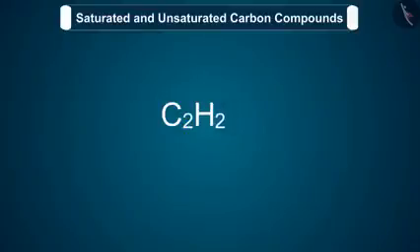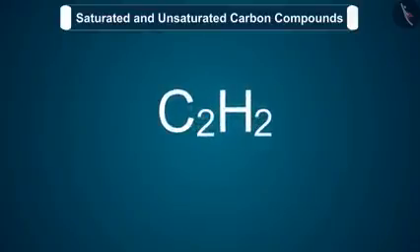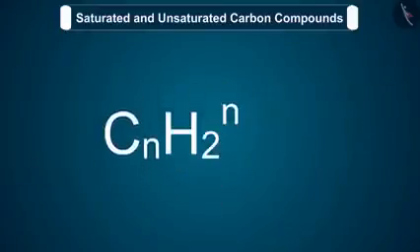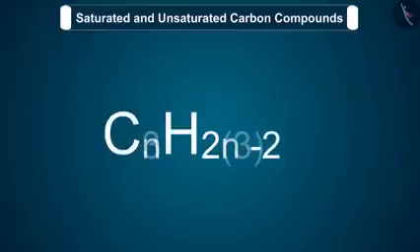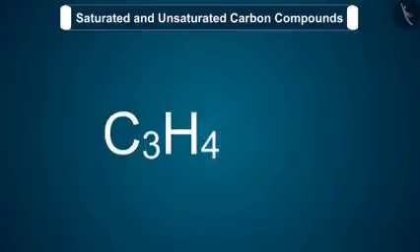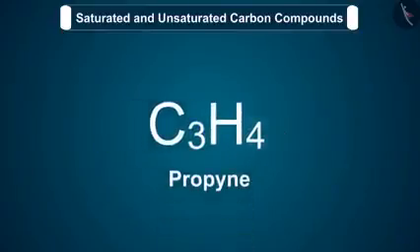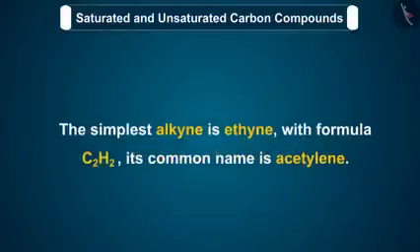Its formula will be C2H2, which is ethyne. 2. Similarly, if we take n equal to 3, we will get propyne. The simplest alkyne is ethyne, with formula C2H2, and its common name is acetylene.